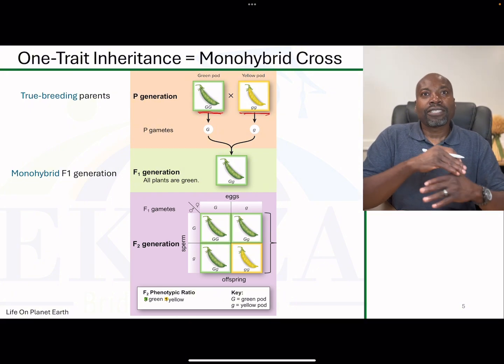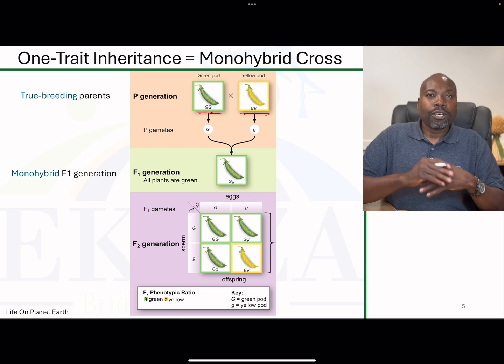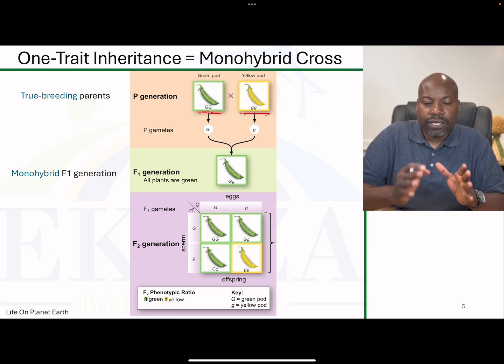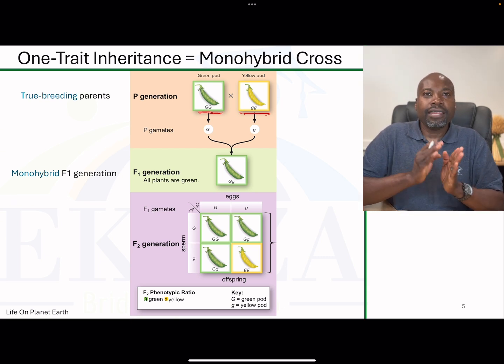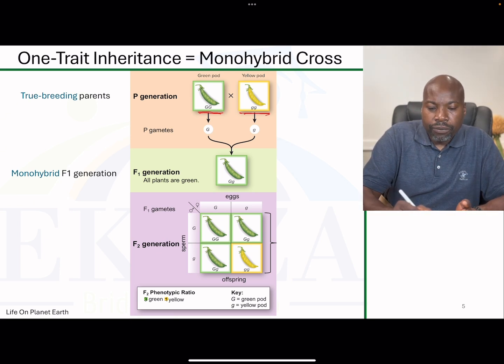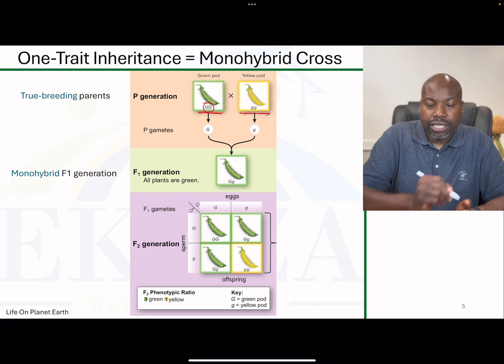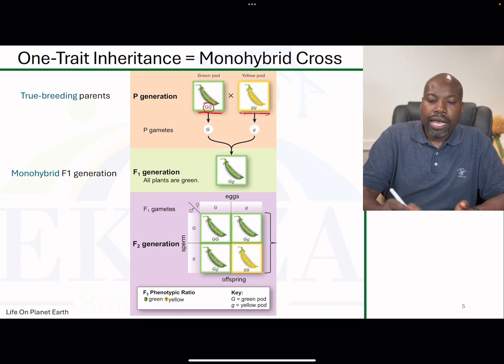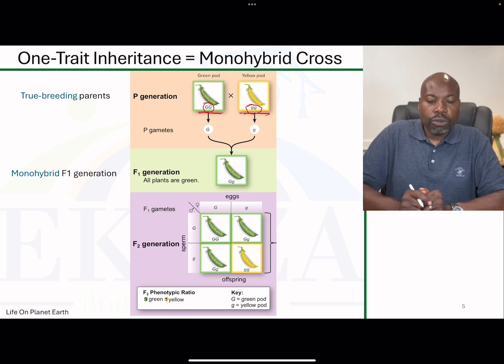Now, I'm anticipating here a little bit. You have the physical trait that we see here, the color. And then you also have another aspect here, capital G, represented two times, and lowercase g, represented two times.